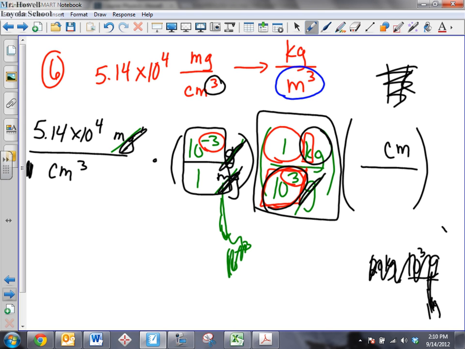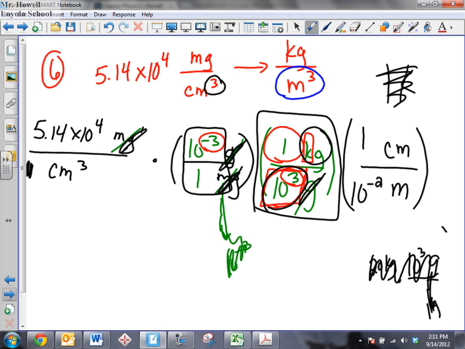This is where the memorization comes in, okay? So if you didn't know it, memorize. Centi means 10 to the negative 2, which is 100. Look in your notes. Centi means negative 2. Again, guys, centi means 10 to the negative 2. Therefore, when I put a meter down here, I need to also put a 10 to the negative 2 here to balance out the prefix centi.